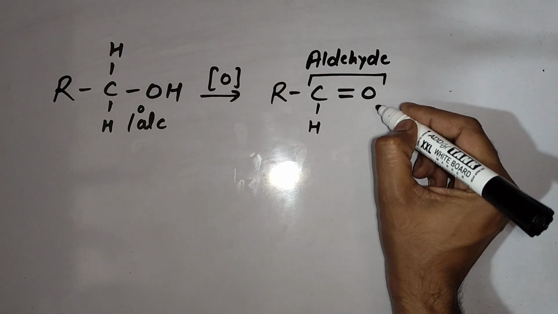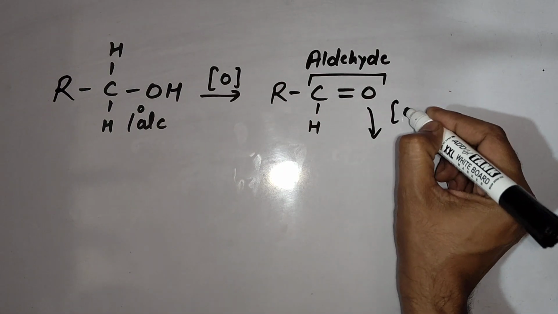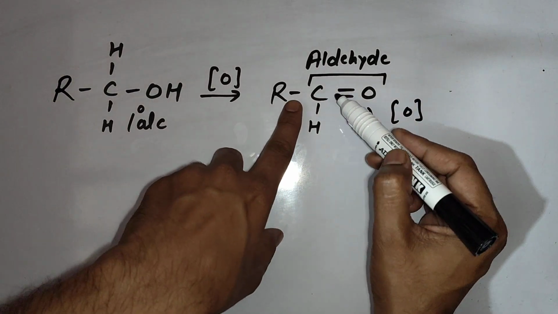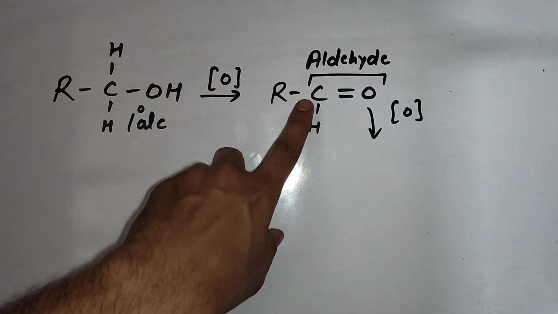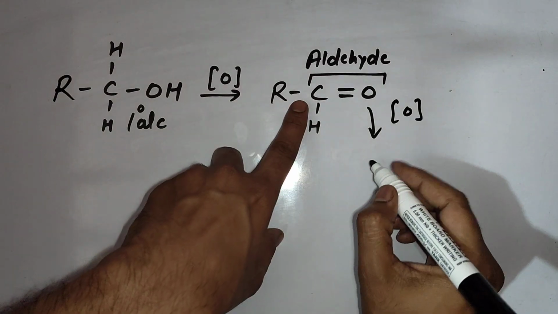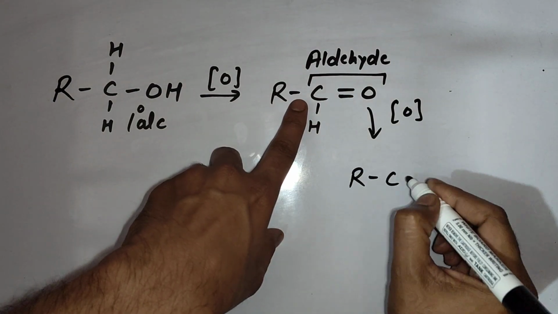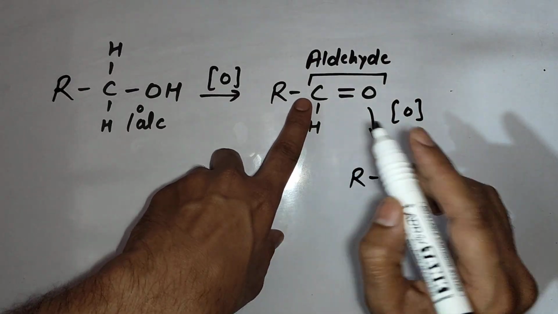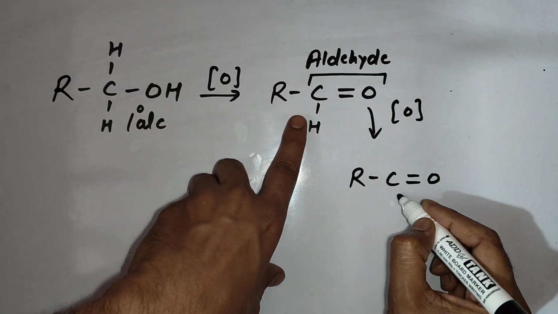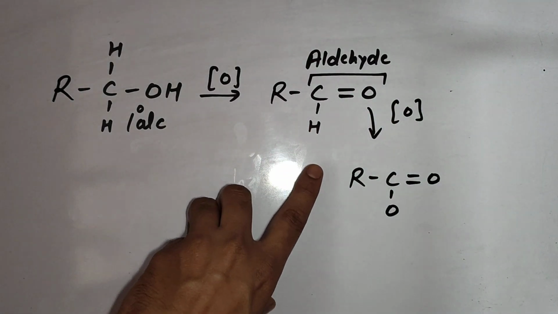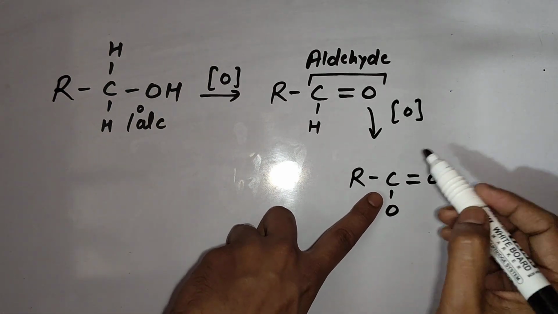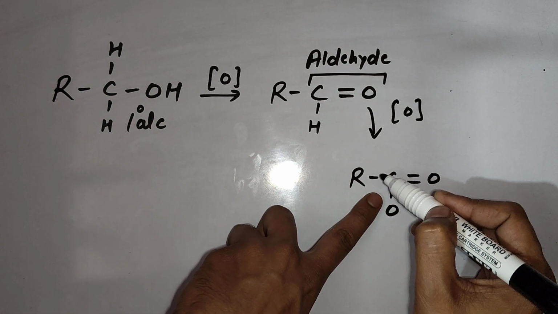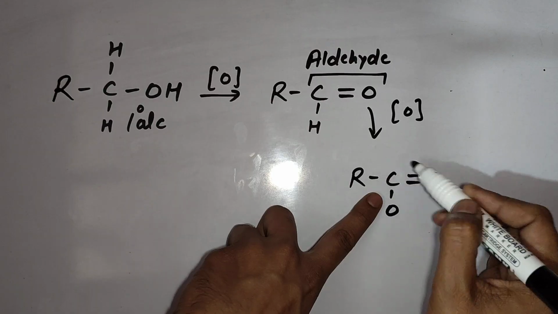Okay, suppose we are oxidizing aldehyde further. Trick we know. This carbon is making 2 bonds with oxygen. Next time 3 bonds we have to make. But as we know, oxygen can't make 3 bonds, so we require another oxygen. I will write it like this. Now, the valency of this carbon is already satisfied. 1, 2, 3, 4. 4 valencies are satisfied.